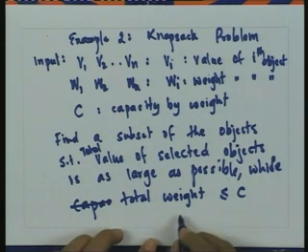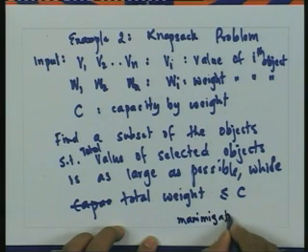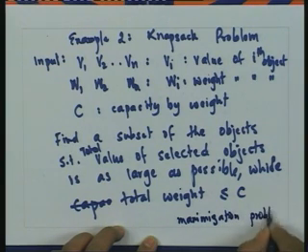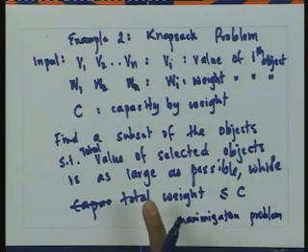So this is a maximization problem. The objective function can be thought of as a benefit function, because if we pick objects of large value, we are maximizing the benefit to ourselves.